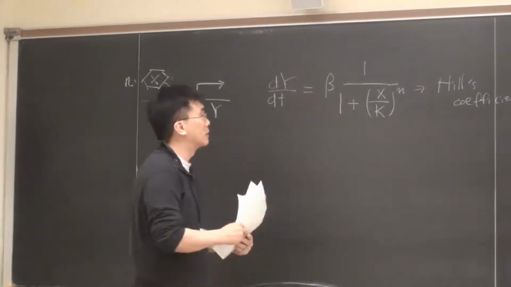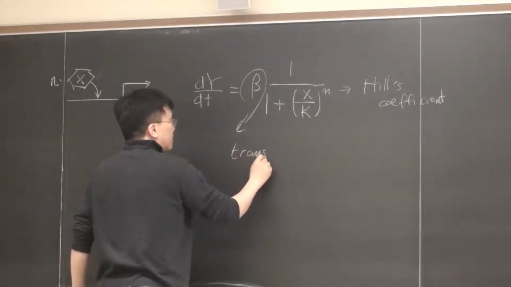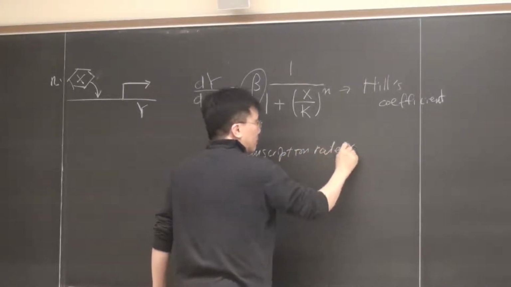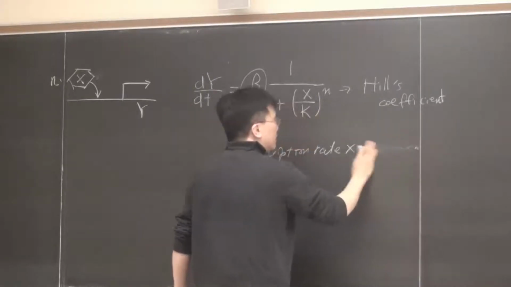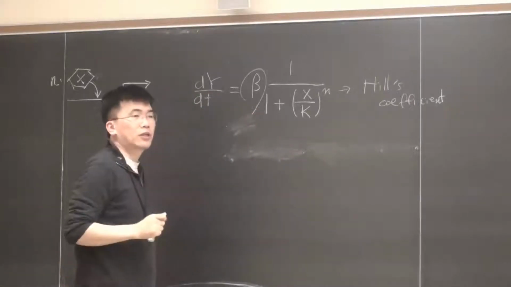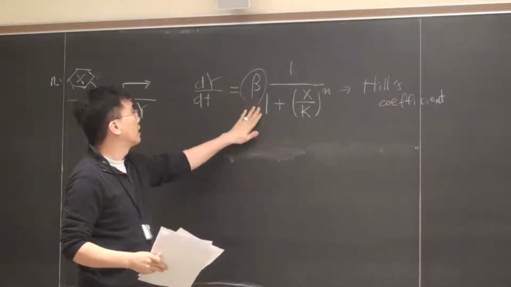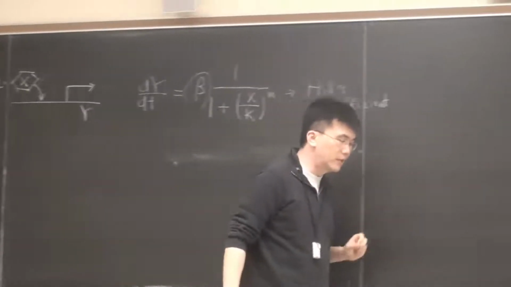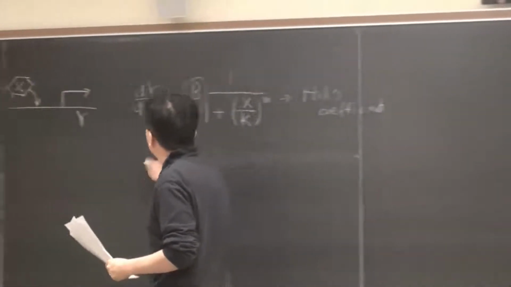In this case, beta includes both transcription and translation. Okay, you need to make mRNA based on the DNA, and then you also need to make proteins based on that, and that gives you the phenomenological production rate, beta, and that gives you the production of the protein.